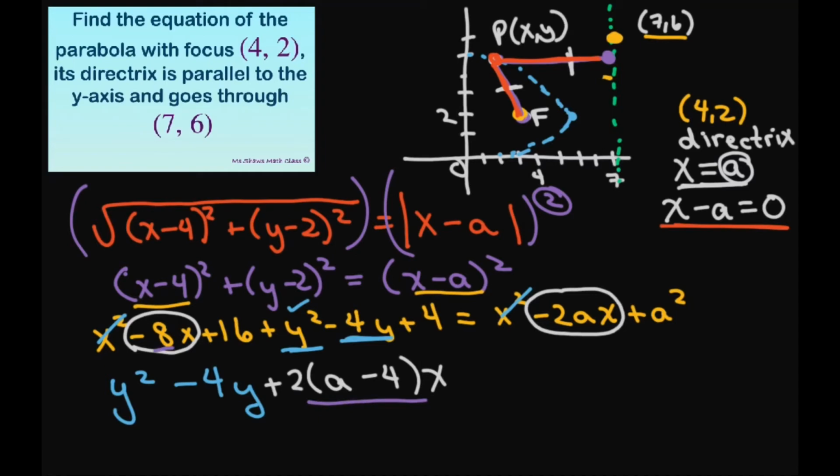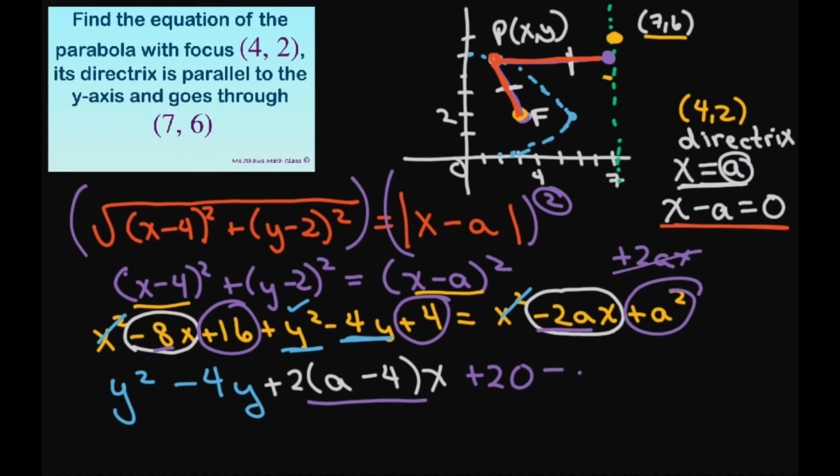All right, because we have to move this over, right? So if you move this over to the left-hand side, it'd be plus 2ax. Now that we have that, let's add these up, and that gives us plus 20, and then we have to subtract a squared, equals 0.